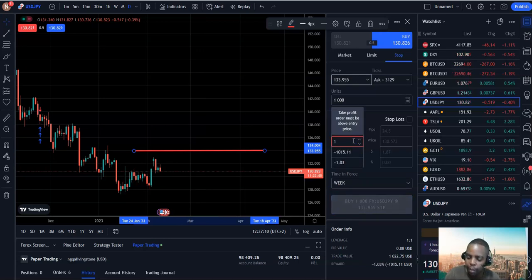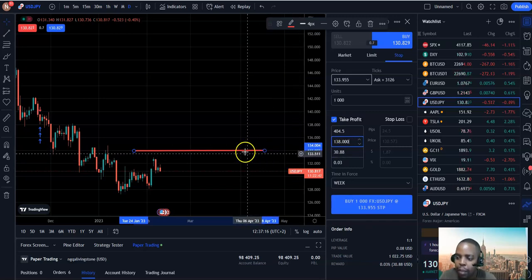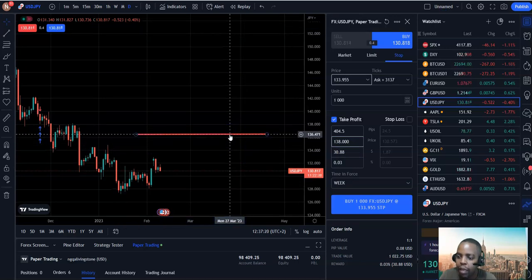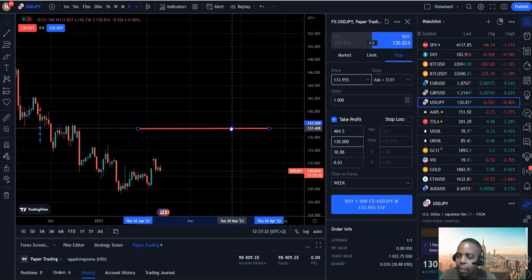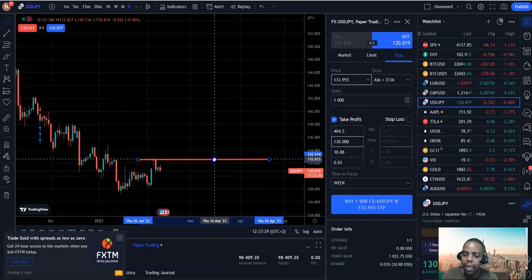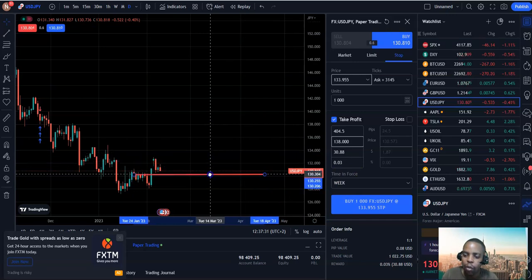So I'm going to say take profit, then just change it. That's where I'm going to take my profit, at 138.1230. I want to take my profit right here, because I believe that the market is going to continue going up. But I also apply my stop loss, should the market be triggered and then come all the way down.